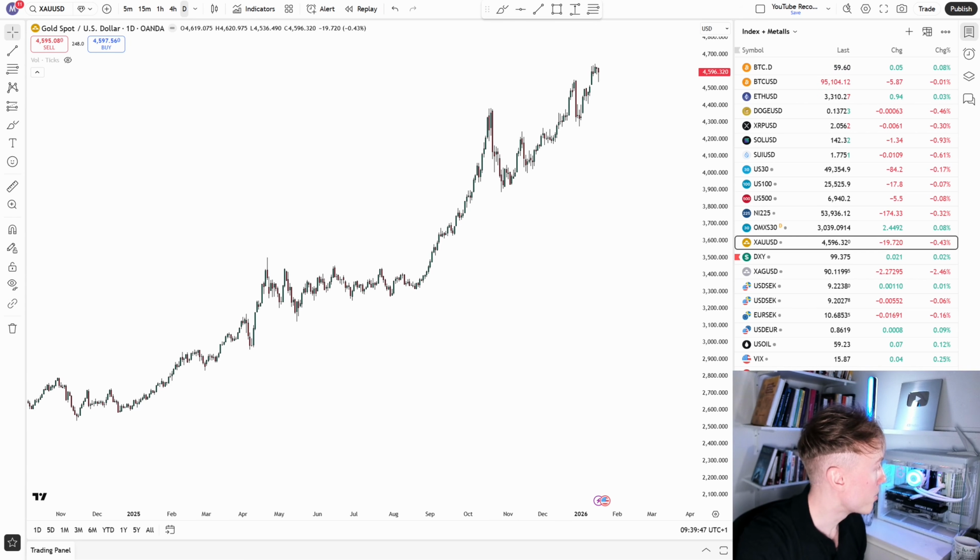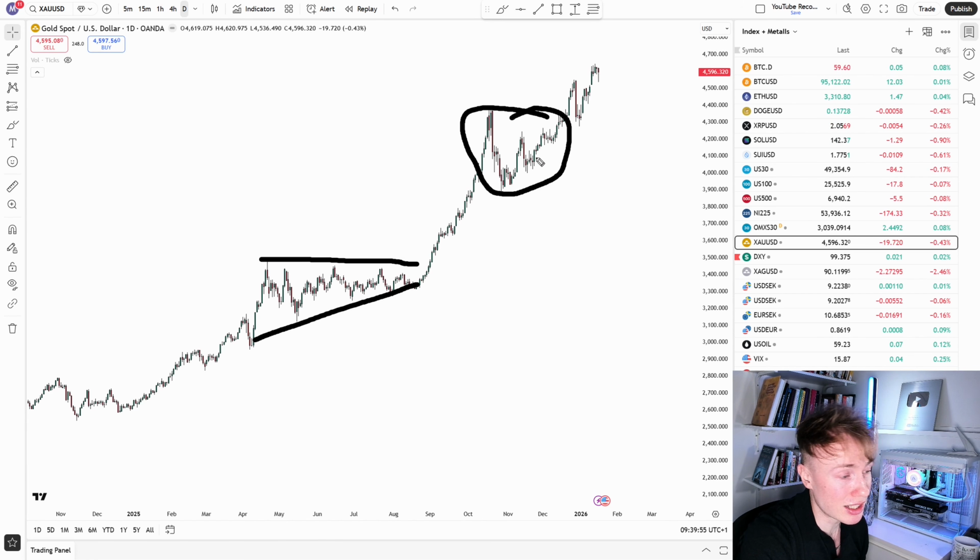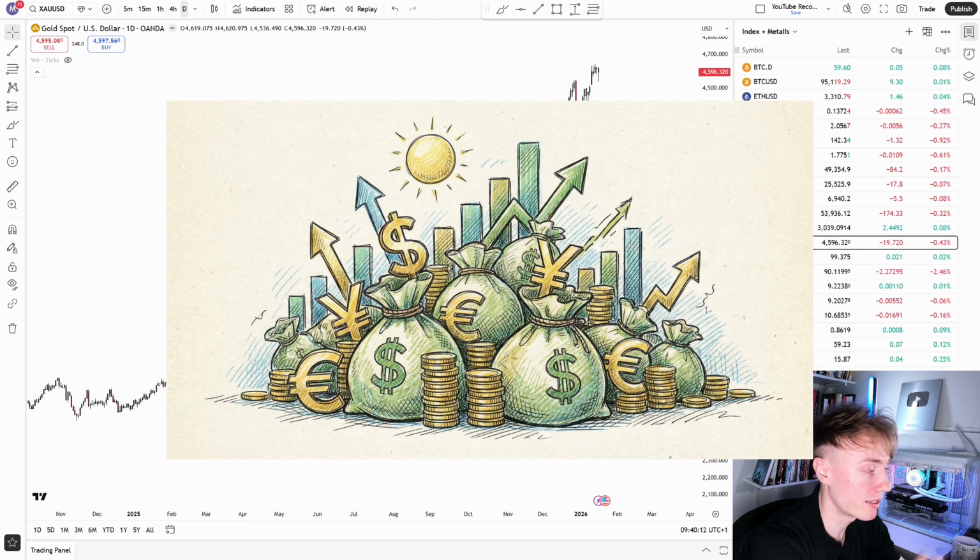But we do have many pauses in the trend. So for example, right here, and we can also almost look at this part right here as a pause in the trend, and so on and so on. So we as traders need to be able to read both trends, but also these pauses, because these pauses can actually be very good opportunities to find trades and as a result make money.